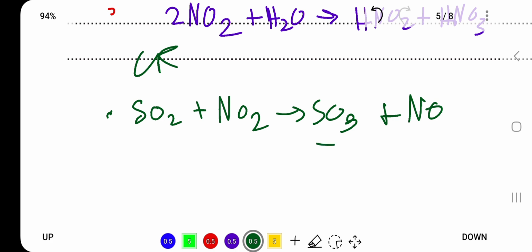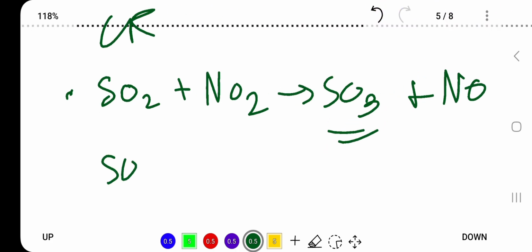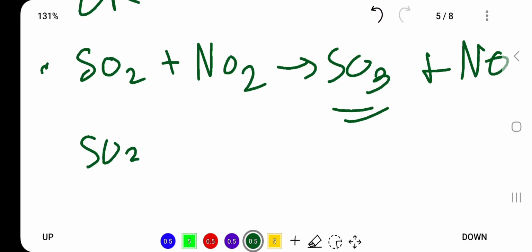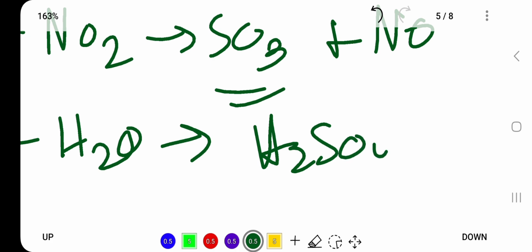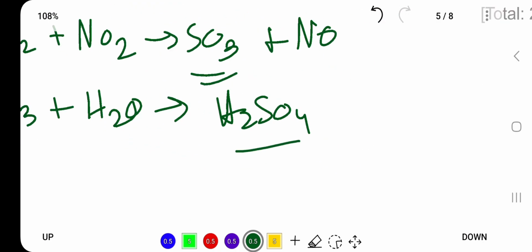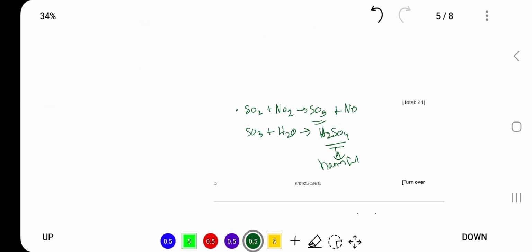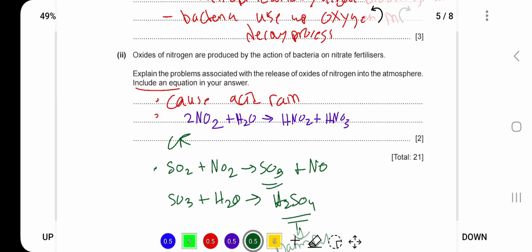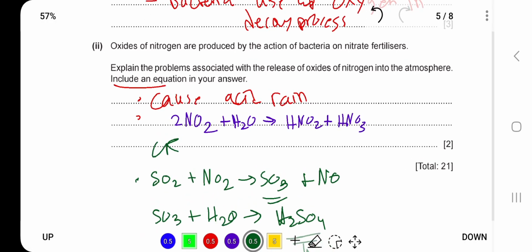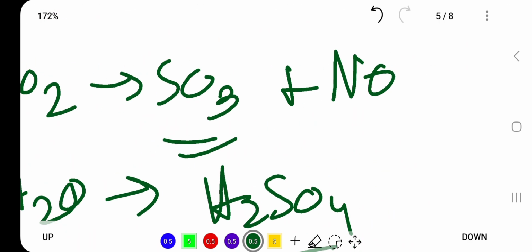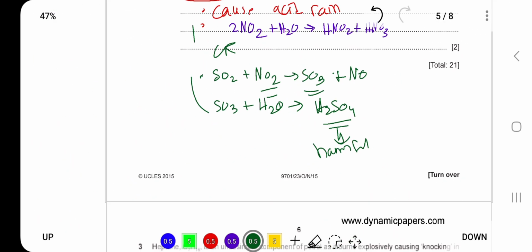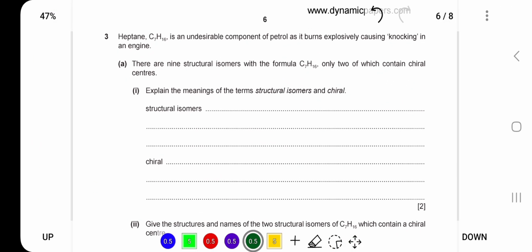And then the SO3 will dissolve in water to give you sulfuric acid. Harmful, which causes the acid rain. Great. Even though that question is talking about nitrogen, you can talk about either, because here the nitrogen contributes to give the acid rain, so you can also write it.